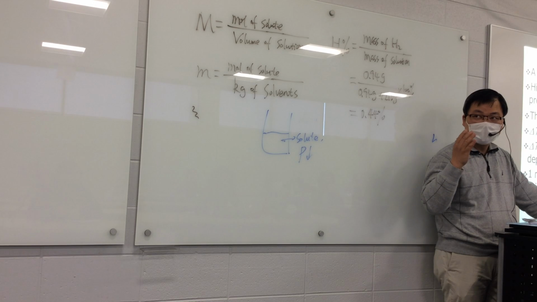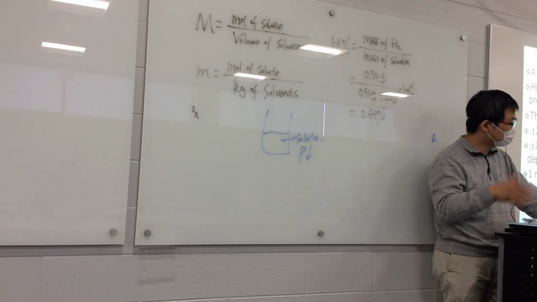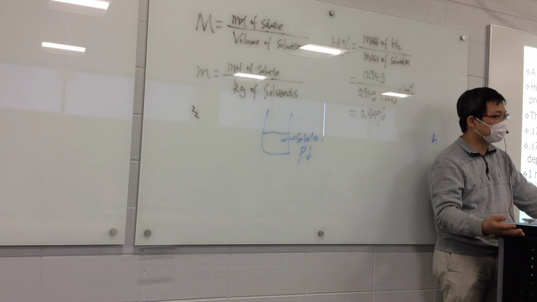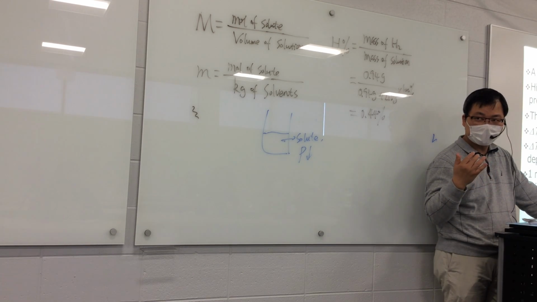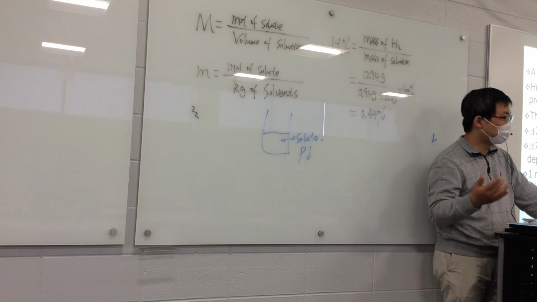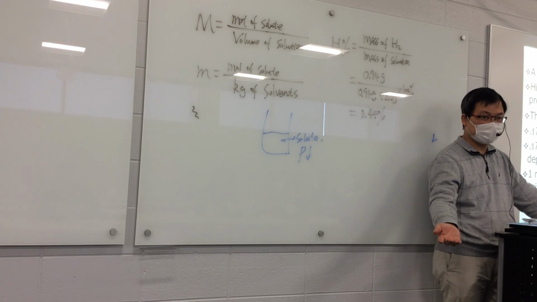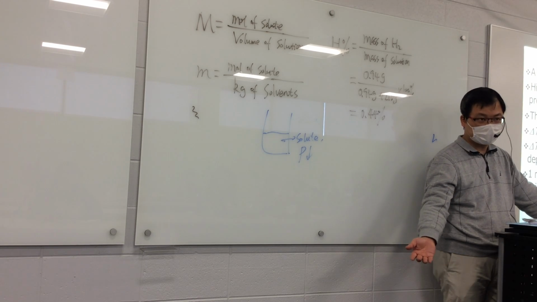This property only depends on the concentration of the solute, not the identity of the solute, which is very unique, because usually the identity of a material affects the property, right? HCl, acidic; sodium hydroxide, basic; sodium chloride, neutral, right?